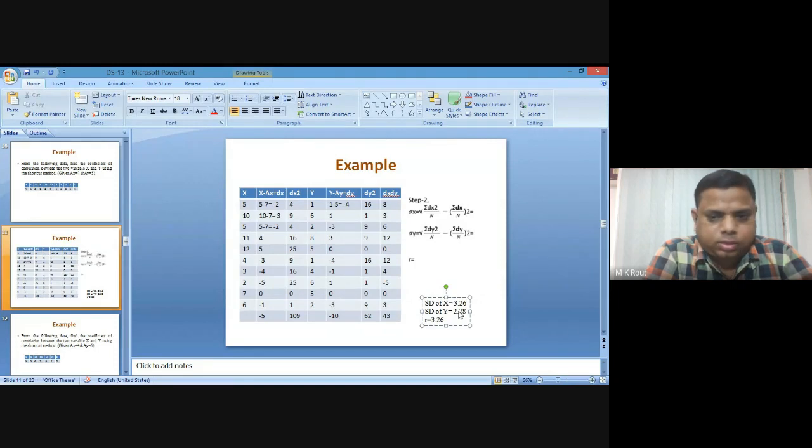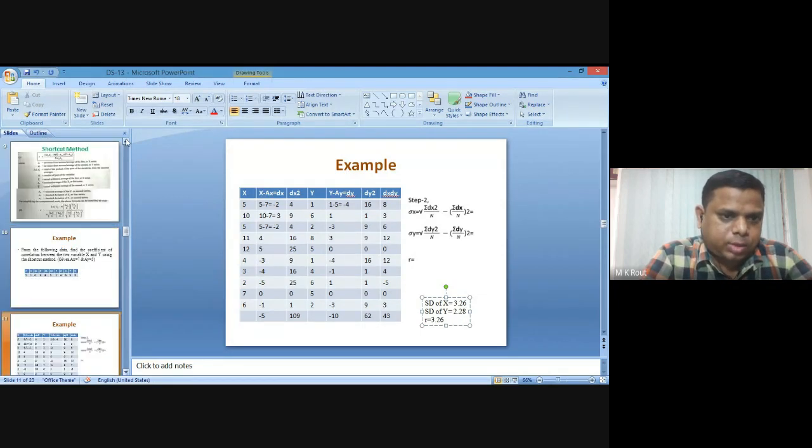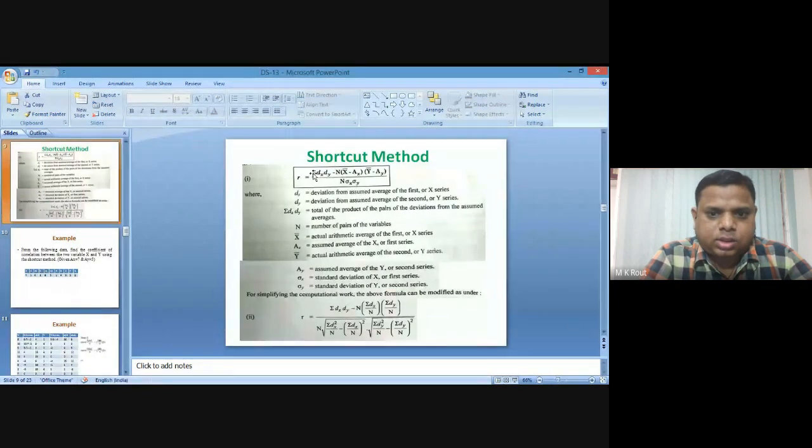Are you getting the concept of Karl Pearson? Okay. Then you use the Karl Pearson coefficient in case of short-term method, the first formula. That is summation of dx into dy minus n into x bar minus ax and y bar minus y, divided by n into sigma x into sigma y.